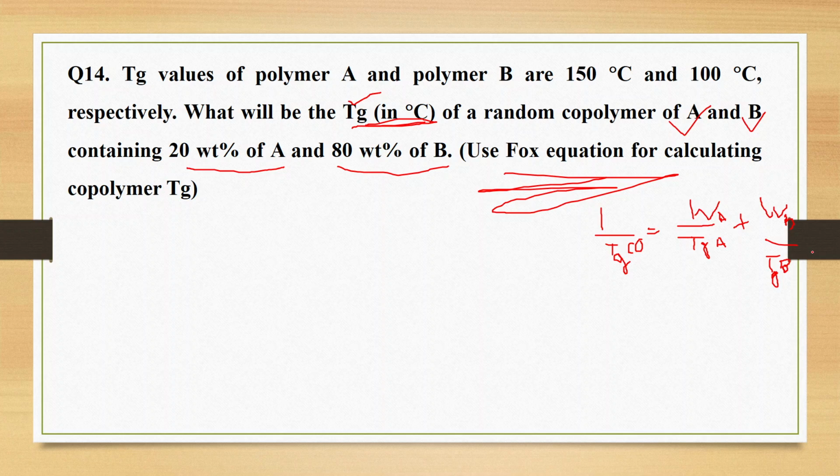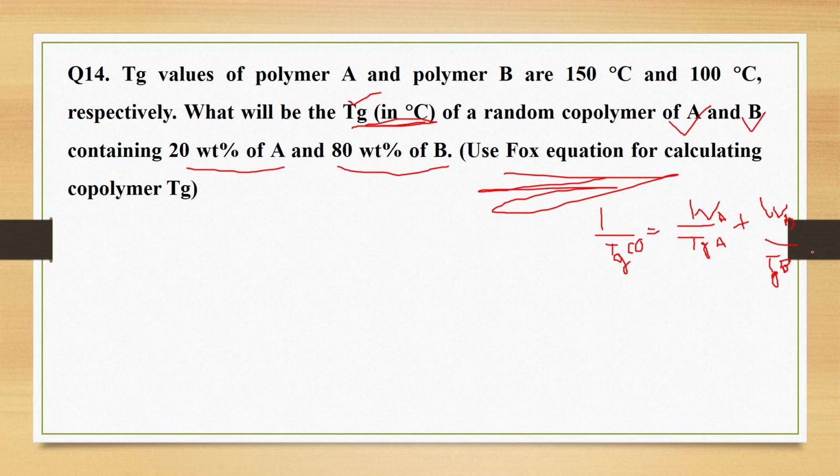Come on, this is a pretty straightforward mathematical question. Why has only one person answered so far? You have everything that is stated here. The weight fractions are stated, the Tg values are stated.